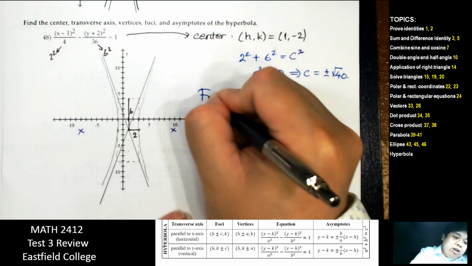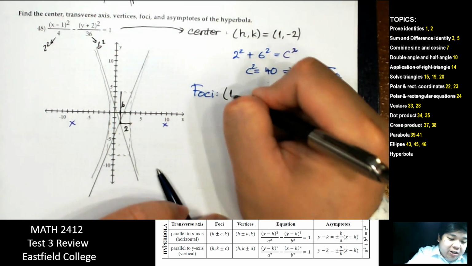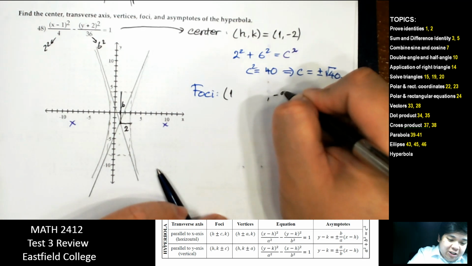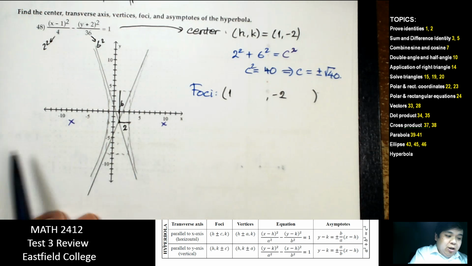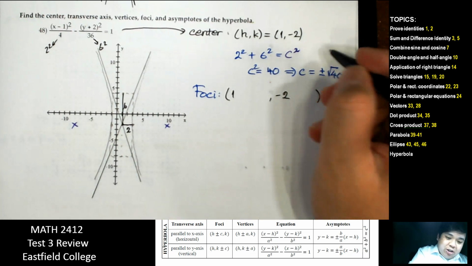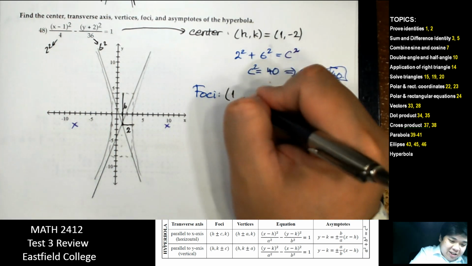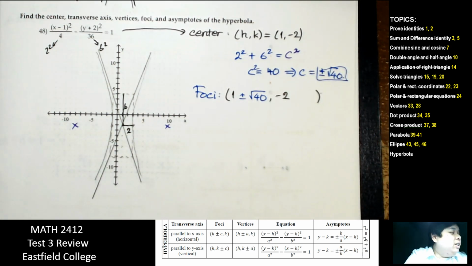With that we will put in the foci like this. Originally we have the point for the center, and then since the foci go left and right, we're going to just put that, and we have the foci.